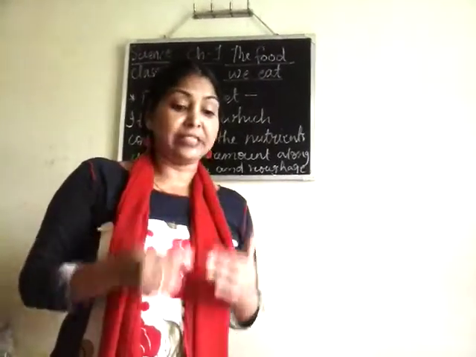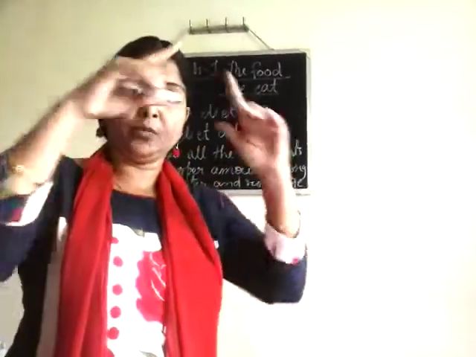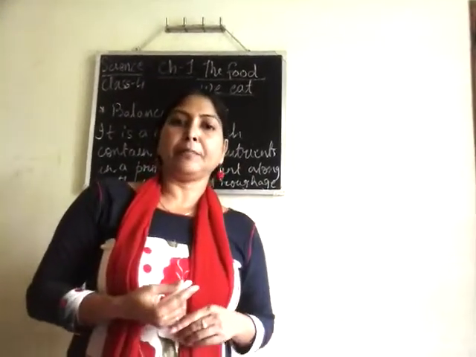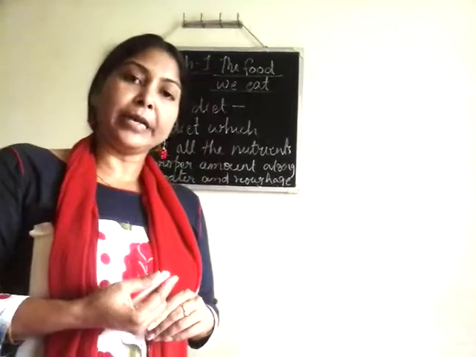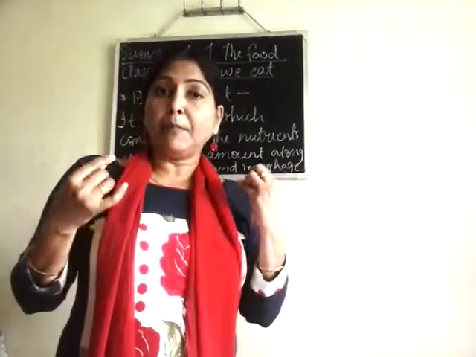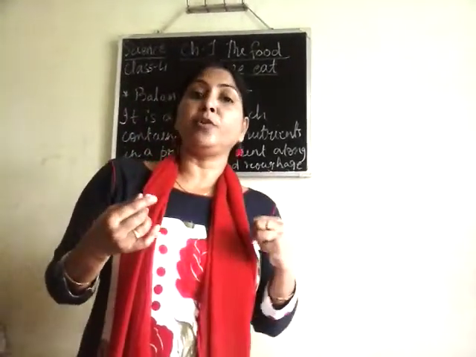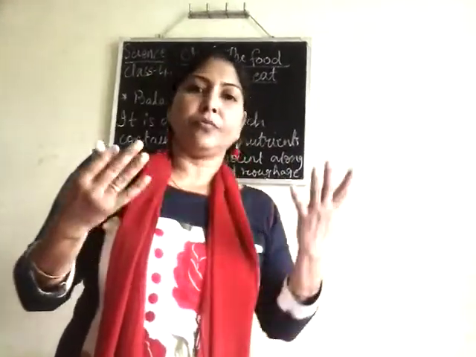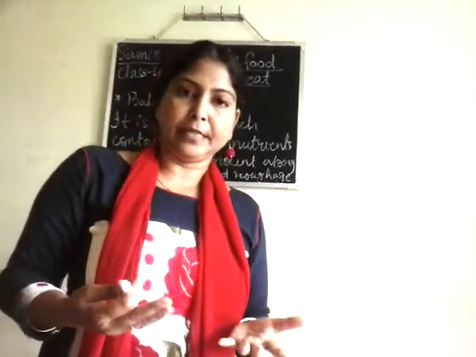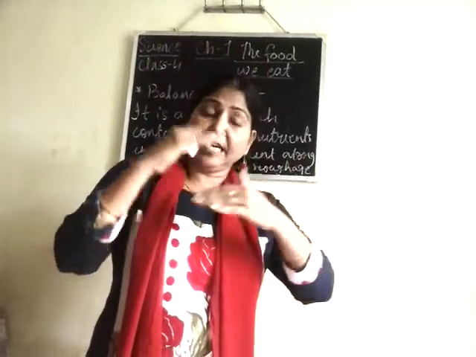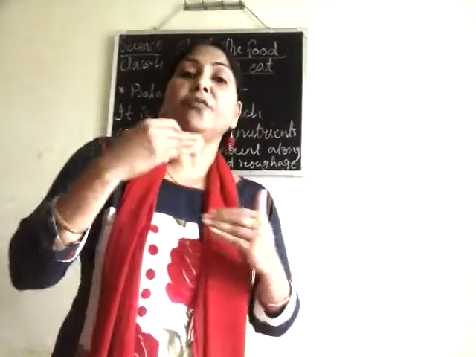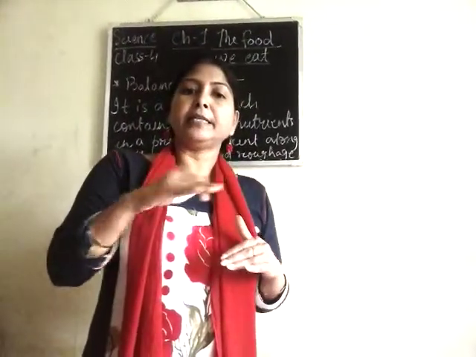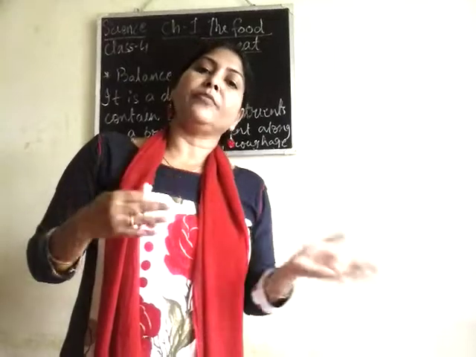Now in your book there is one pyramid given, the food pyramid or the balanced diet pyramid, where you can see the proportion of all these nutrients that we need. In the bottom level, it is protective food, like all the vitamins and minerals.